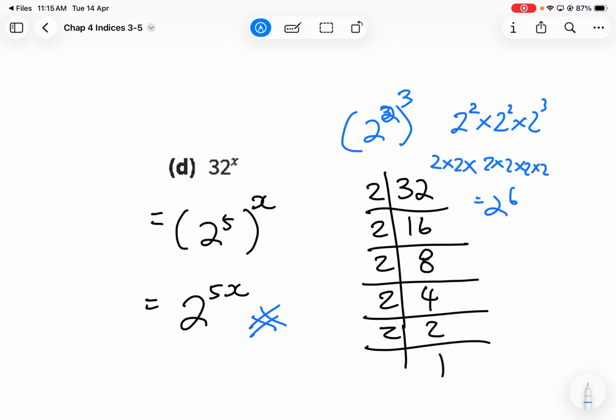So instead of 9, I write 3 squared, but this 9 now has the power 3. So my 3 squared also comes with the power 3. 3 squared itself, without bracket.